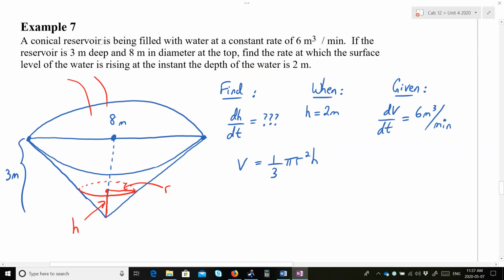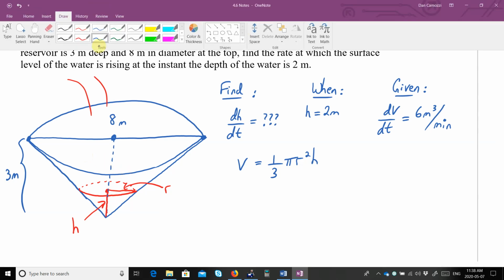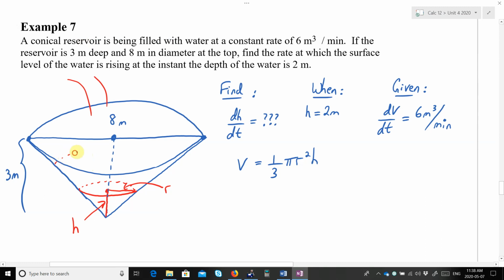The thing that separates this question from that cylinder one before is that the h changes, and so does the radius, because this is a cone. As this fills up, look at the radius of my water. The radius changes too. Whereas with the cylinder, the radius didn't change and dr/dt was 0, which helped us cancel some things.